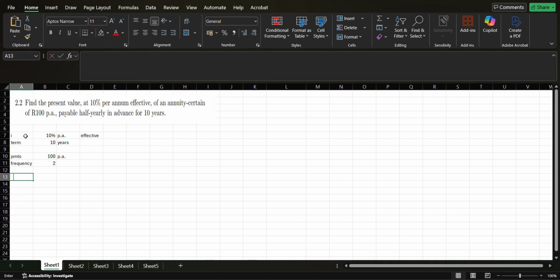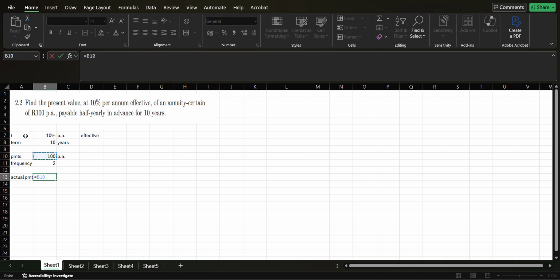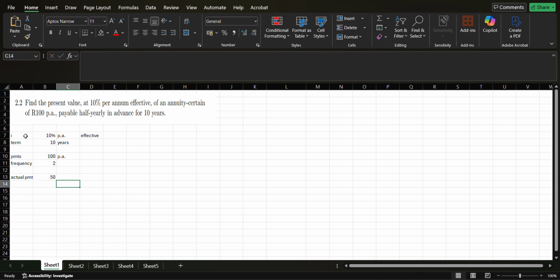So in actual fact, the actual payment that you receive is equal to 100 Rand divided by 2, because you pay 100 Rand in a full year, but this 100 Rand can be payable in 2 payments in that year. So every half year, you can imagine you pay 50 Rand. So 50 Rand per half year.